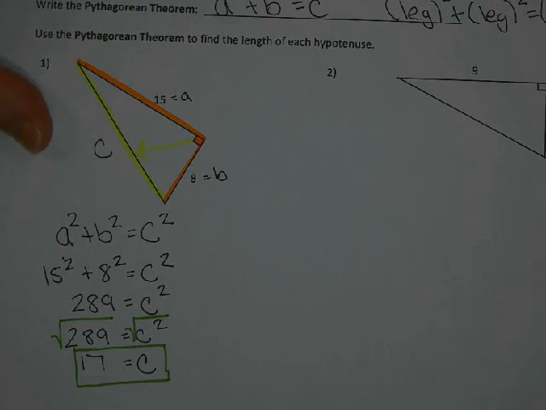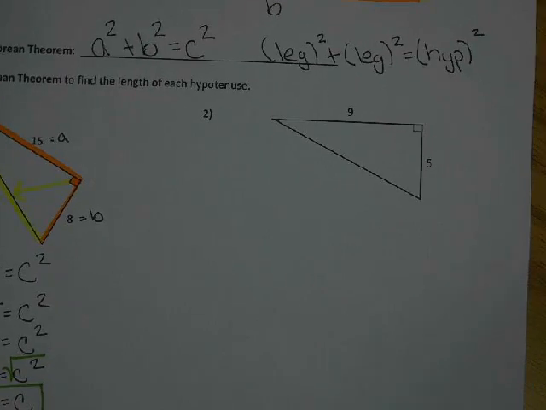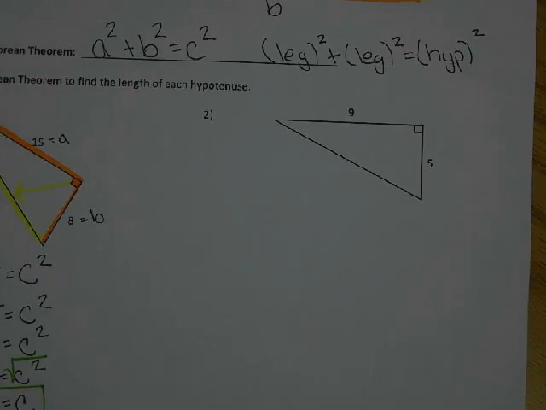So number 2. How do I identify the right angle? Okay, where your two legs meet, what always has to be there if it's going to be a right triangle?